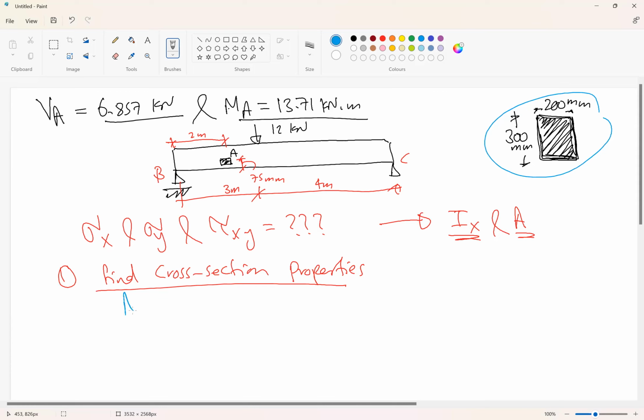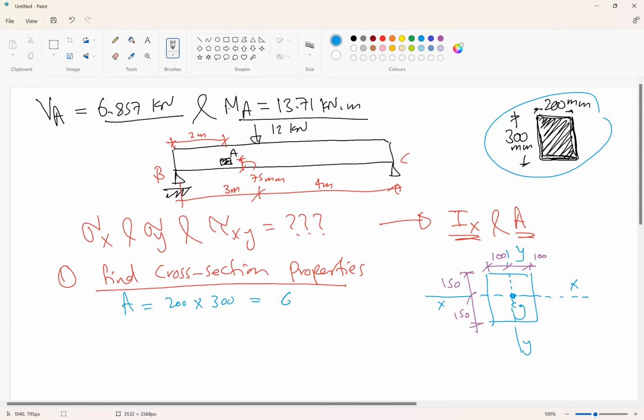So for A, first, where is the centroid of this cross section? It will be exactly in the middle because it is symmetric. So this is 150, 150, and this is 100, 100. So what is A? A will be 200 times 300, which is 60,000 millimeter square.